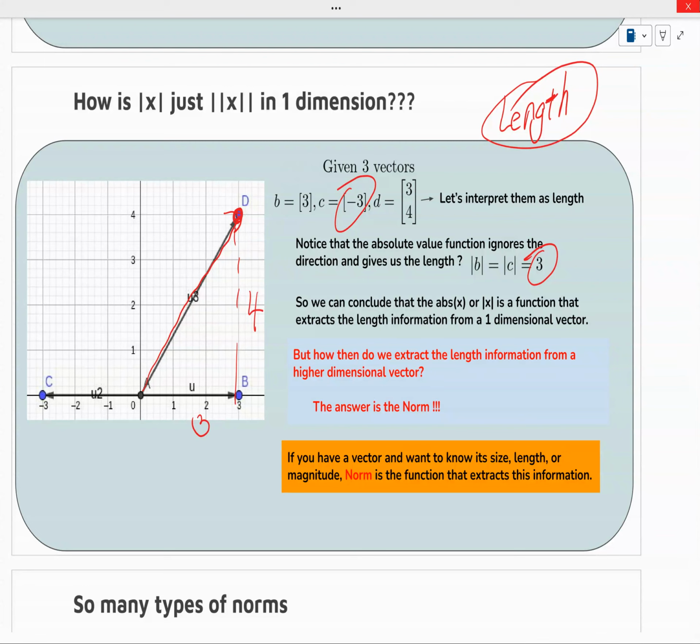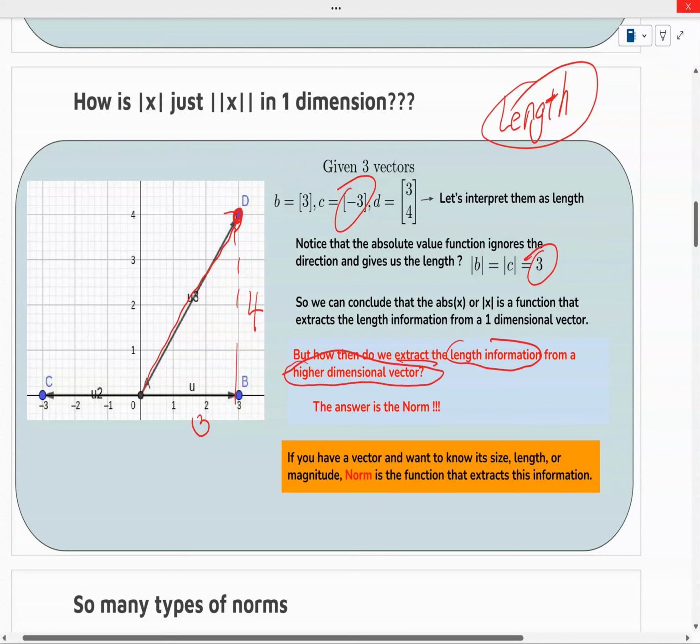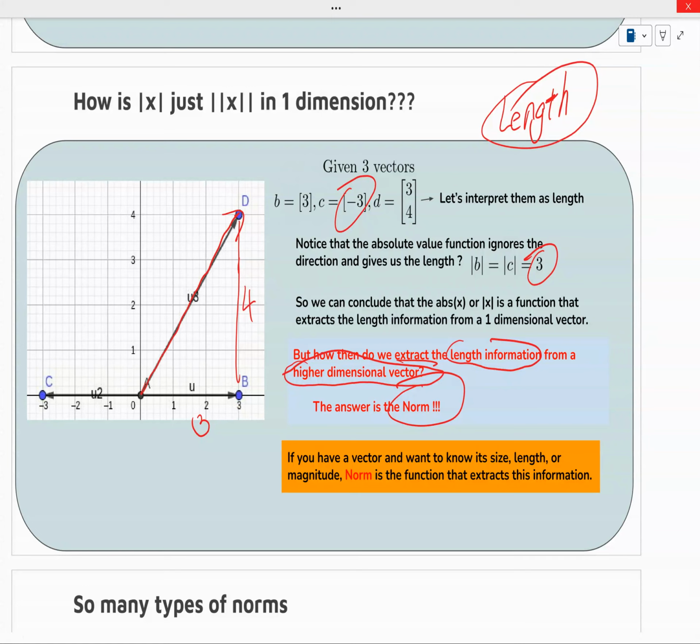So how do we extract the length information from a higher dimensional vector? The answer is norm. The norm is the same as the absolute value. It's just the length, but now instead of in one dimension, we're looking at a higher dimension. If you have a vector of any dimension and you want to find its size, its length.